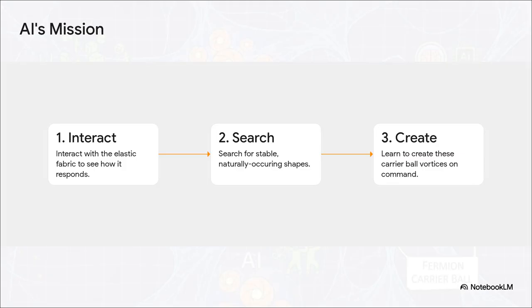So the mission for the AI is pretty clear. First, it's going to go in and interact with the fabric. Poke it, prod it, see how it reacts. Second, it's going to actively search through that massive space, hunting for any of those stable shapes that might pop up naturally. And then, the final step, the ultimate goal. It's going to learn from everything it sees to not just find these carrier balls, but to create them on command.